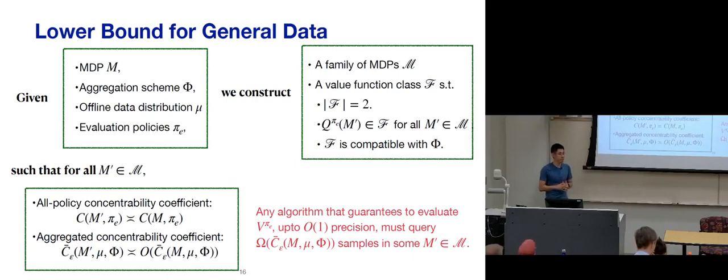Yeah, exactly, it's playing with the original MDPs, but the original MDP's concentrability coefficient is not the correct thing. I will show that the concentrability coefficient for the aggregated MDPs is the correct thing. You can characterize both the upper bound and lower bound for this offline policy evaluation task.